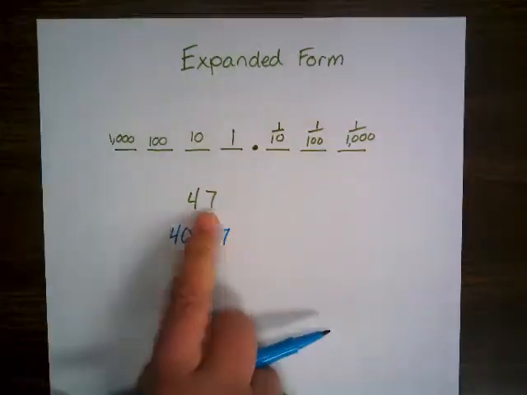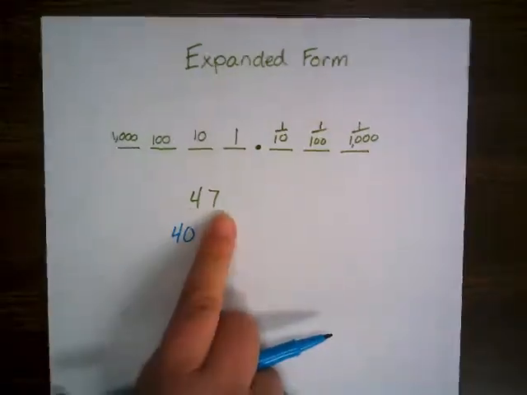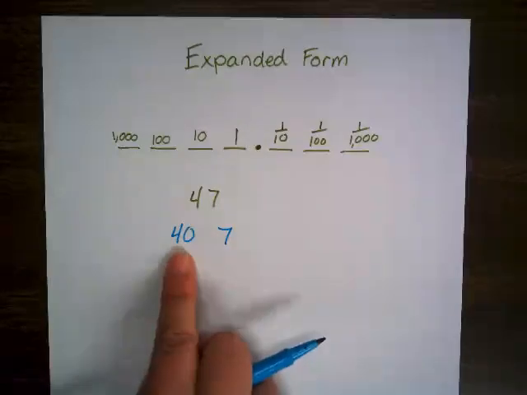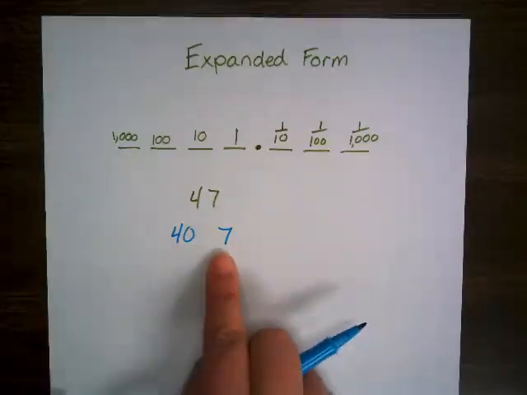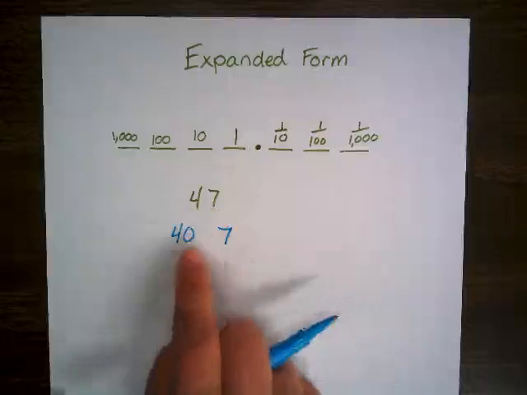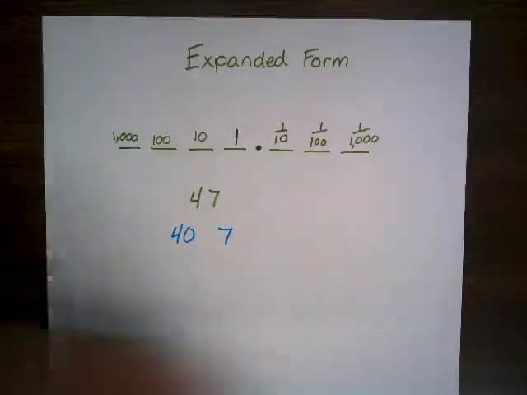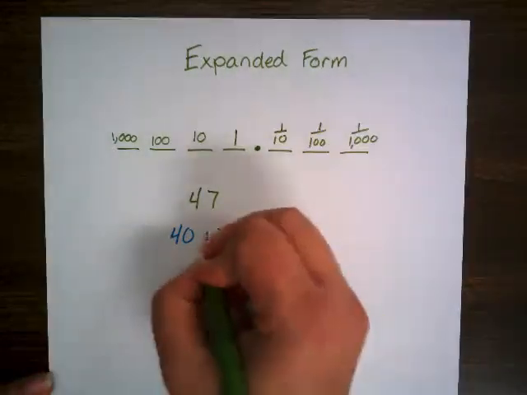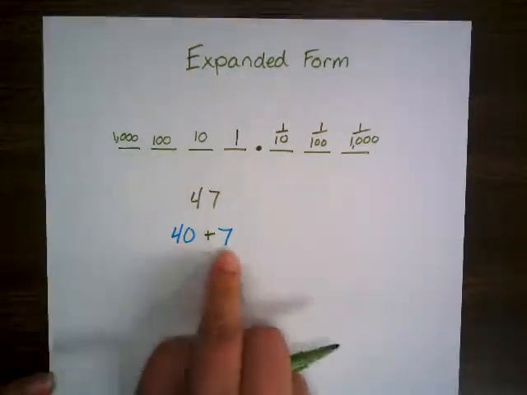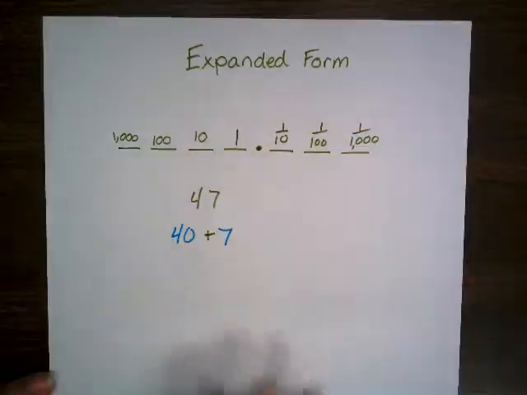So now I've expanded the number 47 into a 40 and a 7. Did you hear that? 47. So you can kind of see how I'm separating these out. And if I were to take 40 plus 7, I'd get back to the 47 right here.